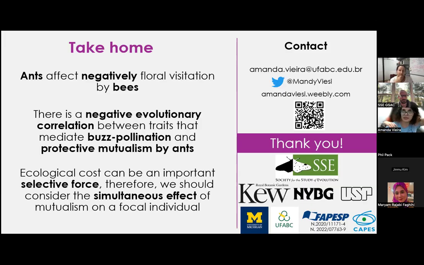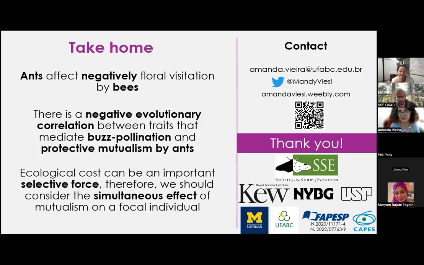But indeed, maybe ants could have a larger effect on small bees than on larger bees. I'm not sure. This was something I was interested in at the beginning of my PhD, but there was the pandemic and I couldn't do any field work because of it. But this is a good hypothesis to test.